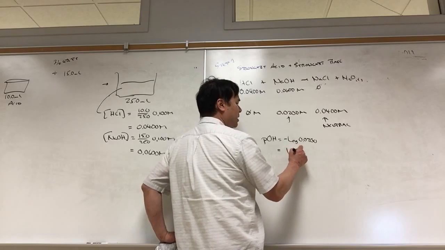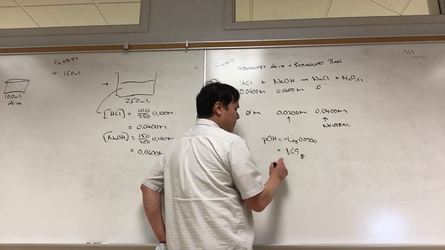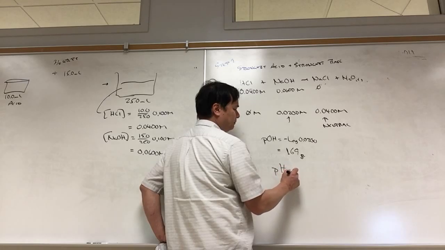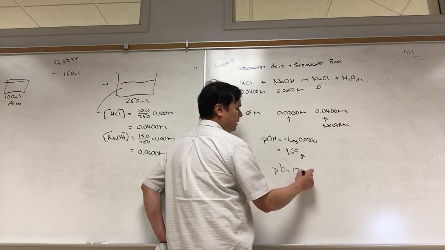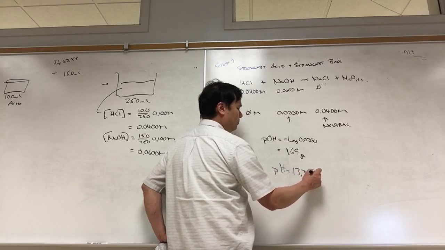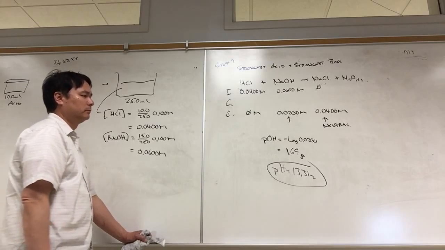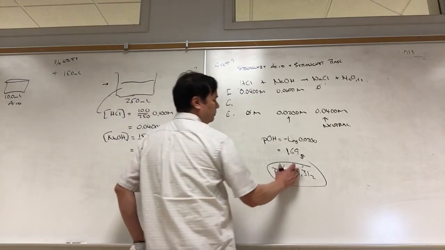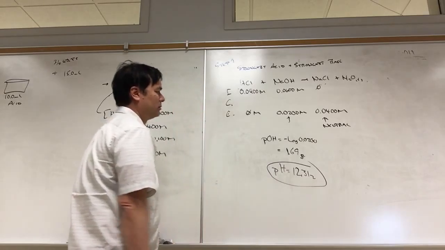1.69? 1.69, give me one more digit. 8. So that means the pH will be 13.312. Is that right? 12.302.